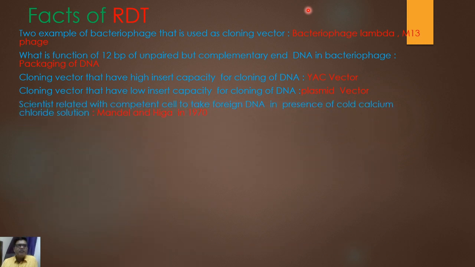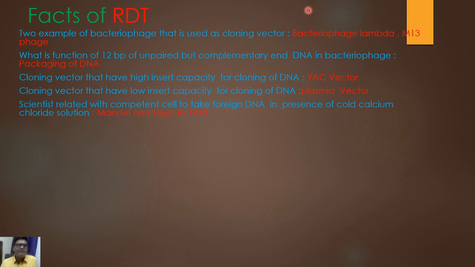Next, a scientist related with competent cells. A competent cell is a cell that has the ability to uptake foreign DNA in maximum amount. In the presence of calcium chloride treatment, pore creation occurs in the cell membrane or cell wall, so that DNA can easily enter inside the bacterial cell in the presence of only calcium chloride.